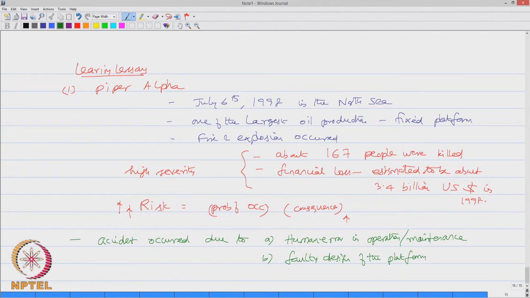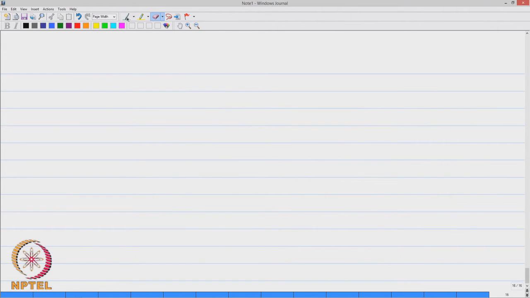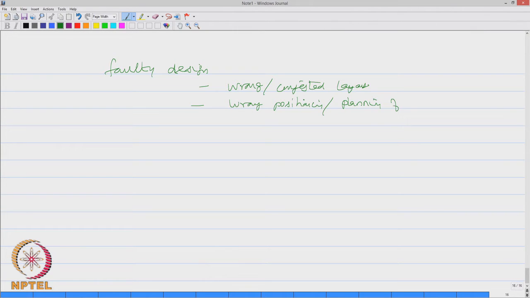Now, the faulty design could be a wrong or highly congested layout, wrong positioning, or planning of facilities on the topside.